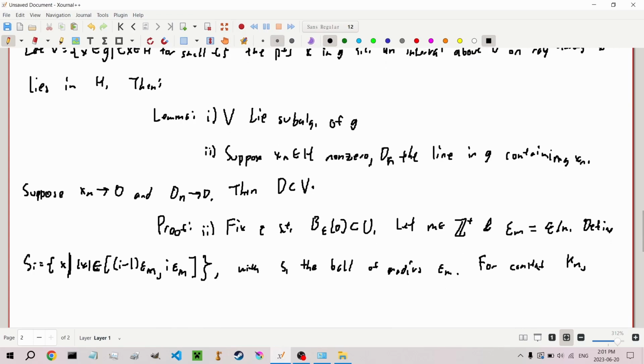We have x_n lying within S_1 for all n at least k_m, for some k_m. Now we want to consider some value i such that i is greater than 1 and at most m.